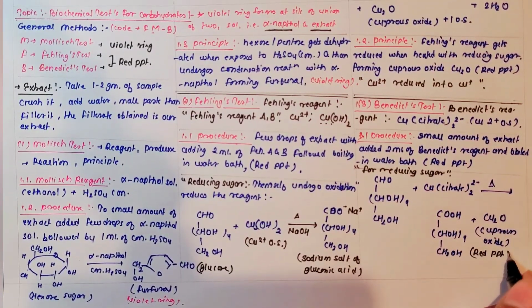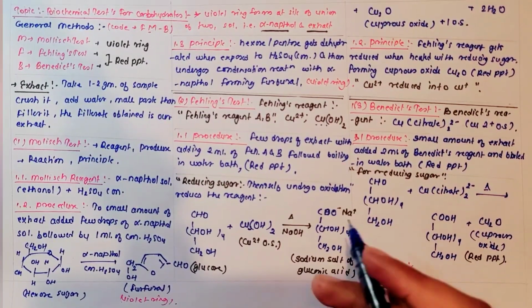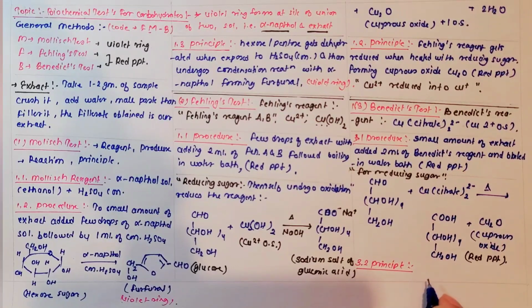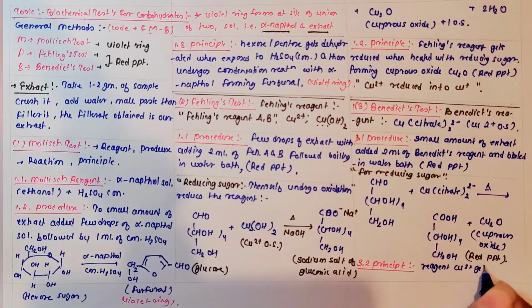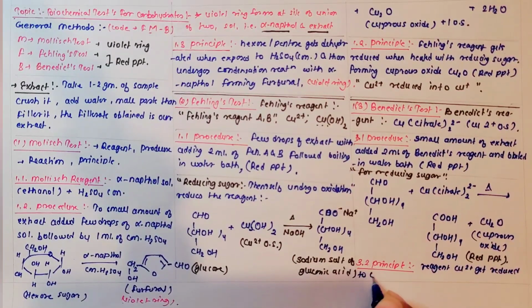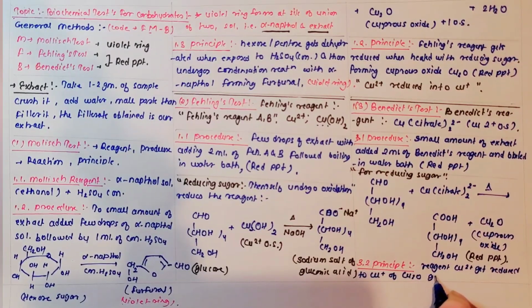Now if we talk about the principle, it is the same as in Fehling's test, that the reagent gets reduced, having Cu2+ reduced to Cu+ of Cu2O, giving a red precipitate.